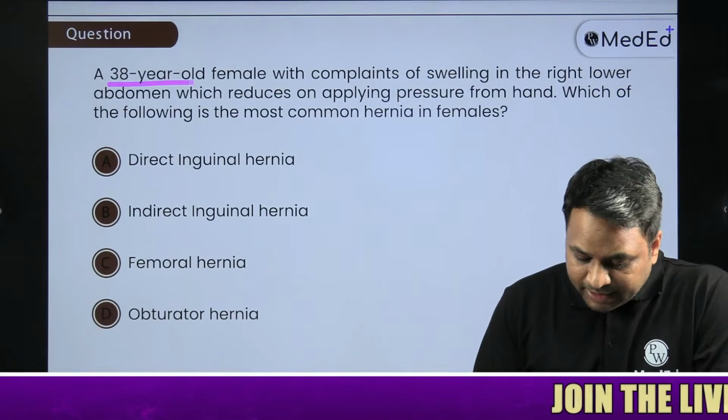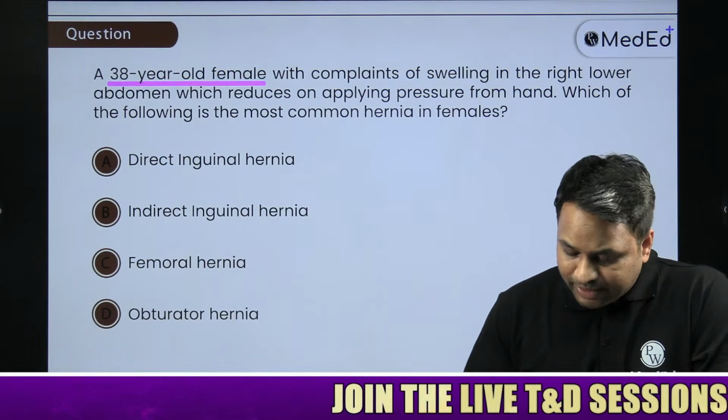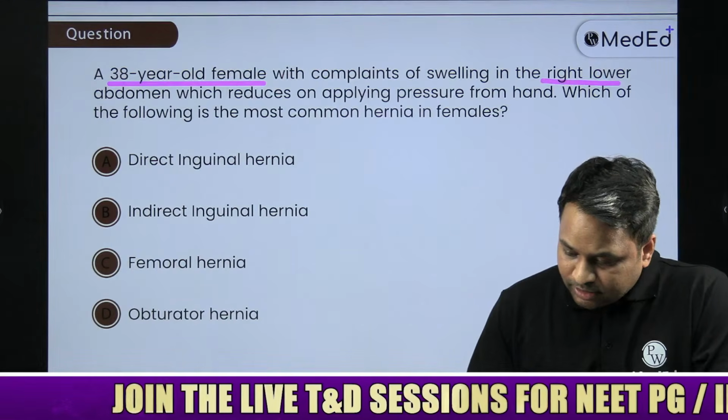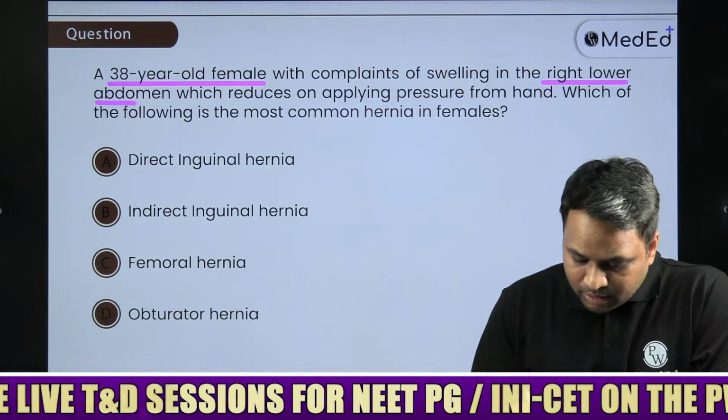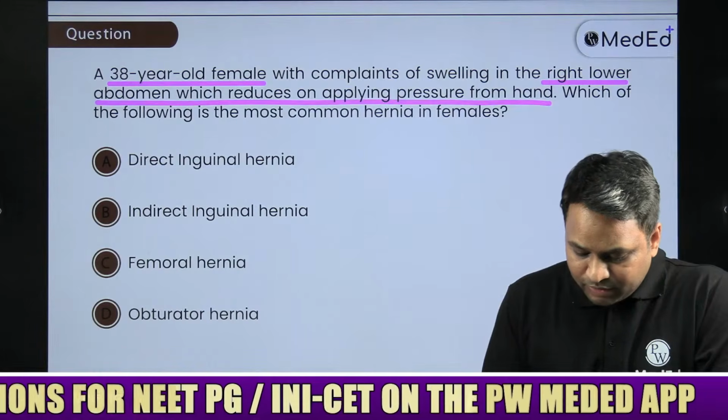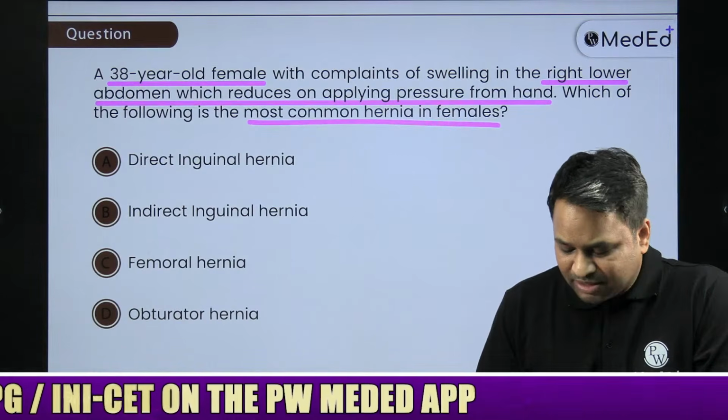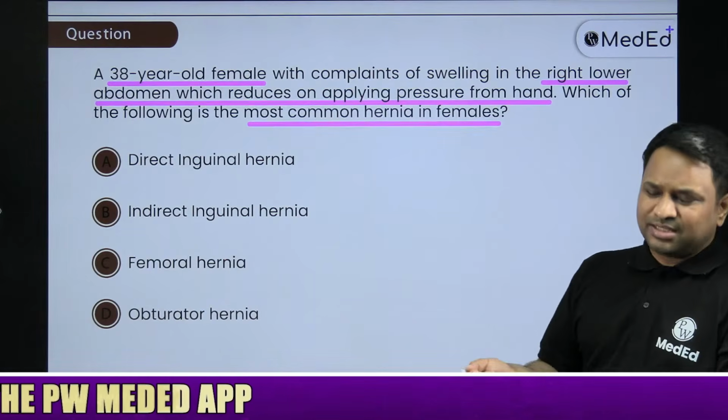A 38-year-old female with complaints of swelling in the right lower abdomen, which reduces on applying pressure from the hand. Which of the following is the most common hernia in females? Again, please do not fall for this classical trap.